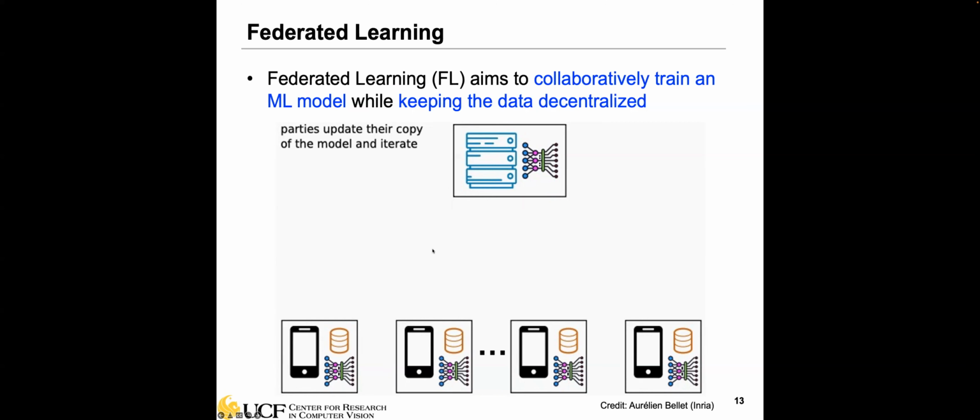Each federated training round consists of the local clients training their models based on their data sets and sending the parameters to the server, and the server doing the aggregation and sending back the updated model. That's called one federated training round.